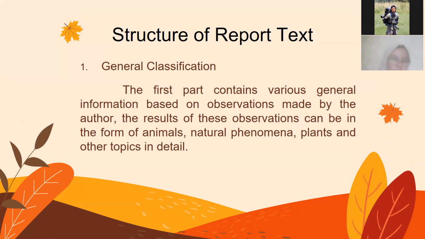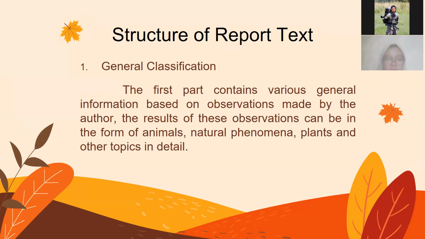Structure of report text. The first one is general classification. The first part contains various general information based on observations made by the author. The results of these observations can be in the form of animals, natural phenomena, planes, and other topics in details.